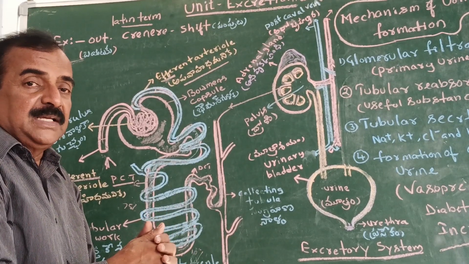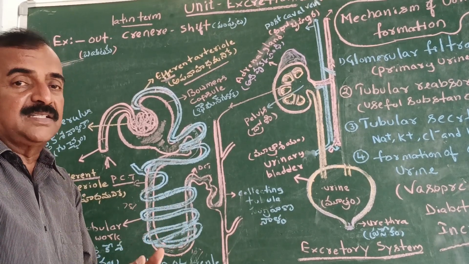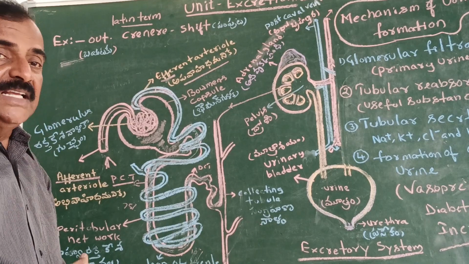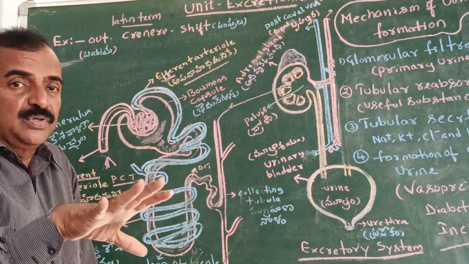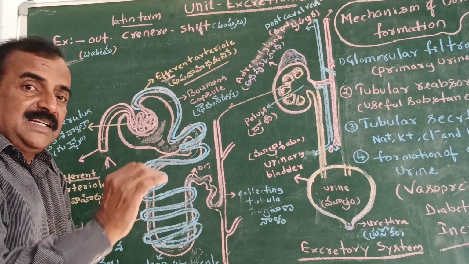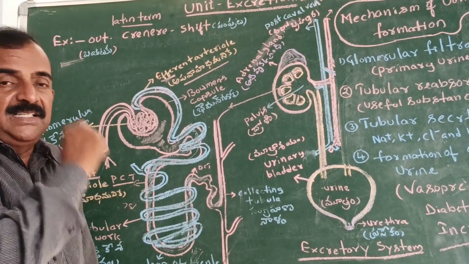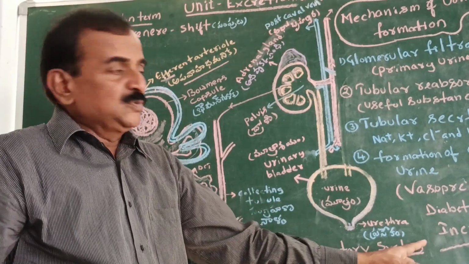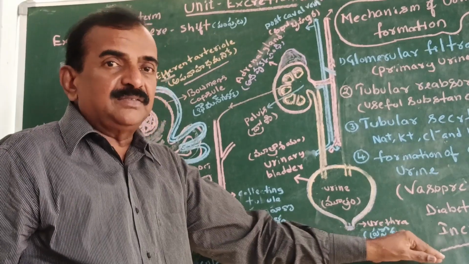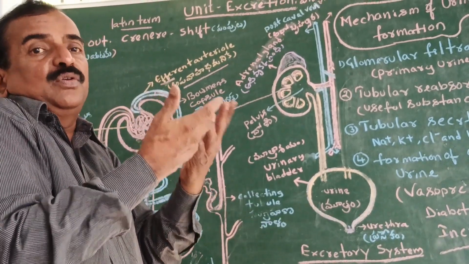It is mainly produced in the presence of concentrated urine which is formed in the DCT. If vasopressin hormone is not produced or released, the person passes more urine, dilute urine, and that is a disease. That disease is called diabetes insipidus. So diabetes insipidus is caused due to the absence of vasopressin, and thereby the person passes more urine.